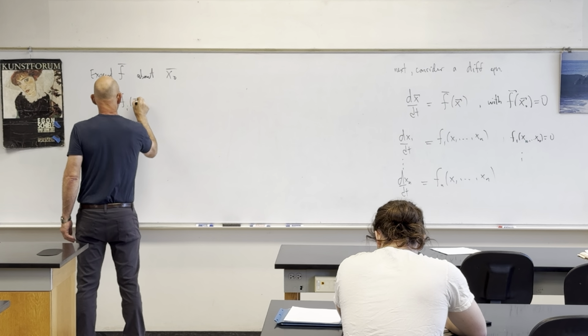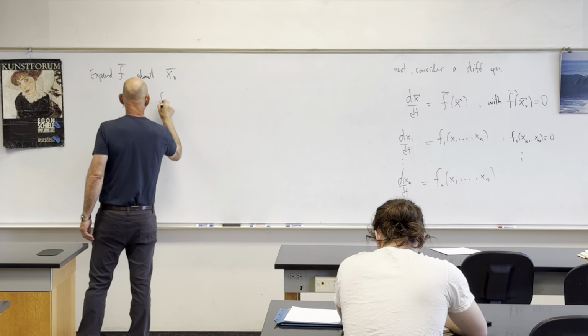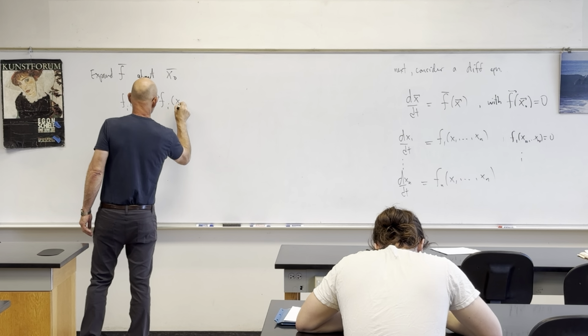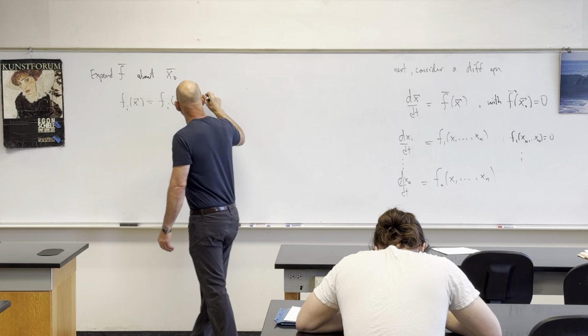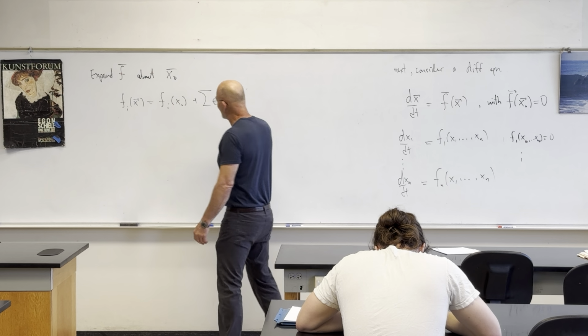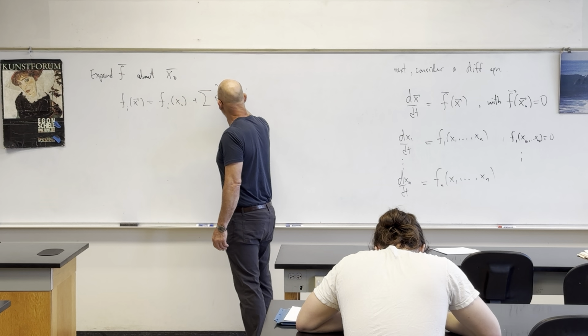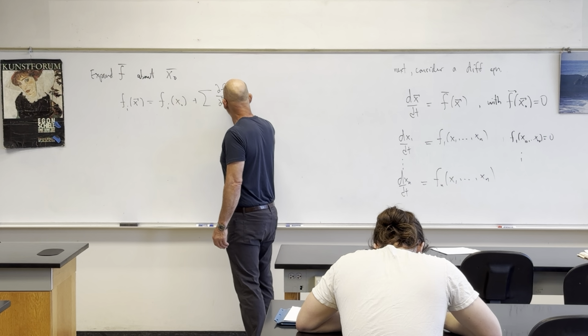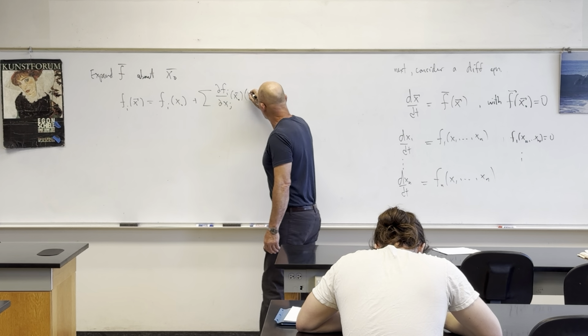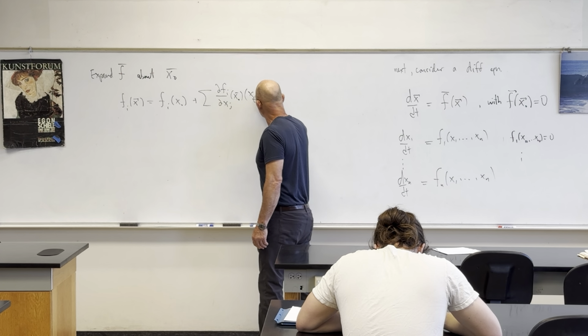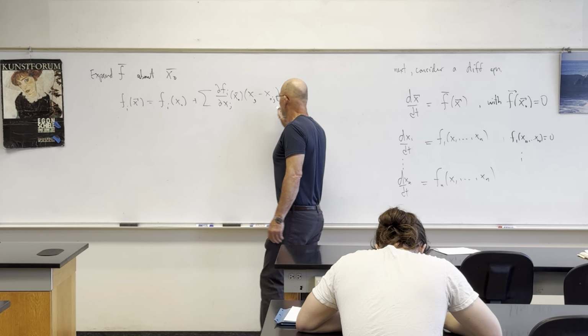So what we have is f sub i of x is equal to f sub i of x0, plus, now the multivariable Taylor expansion, but just the first term: partial f sub i with respect to x sub j at x0, times x sub j minus x0 j.